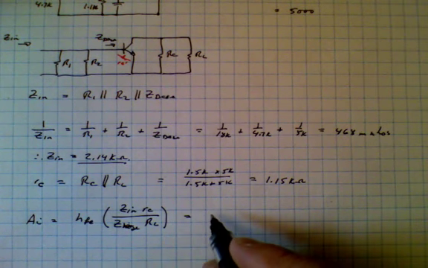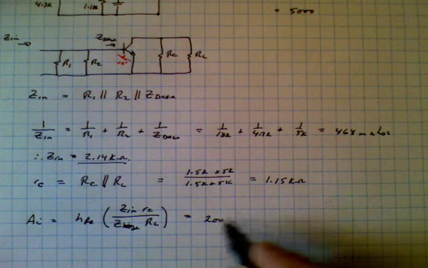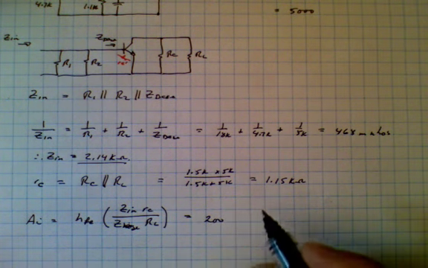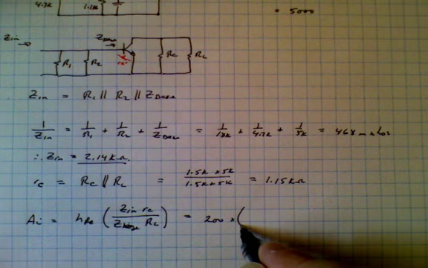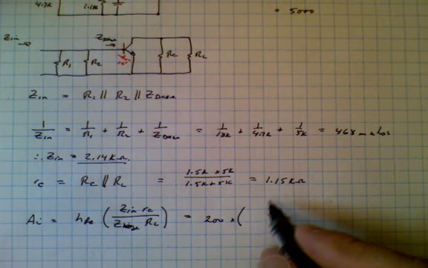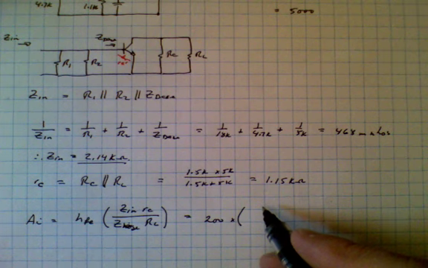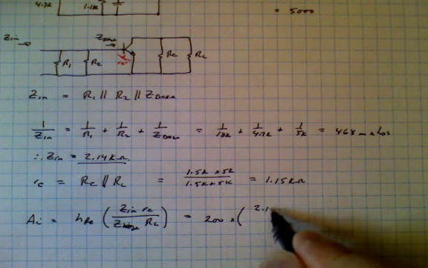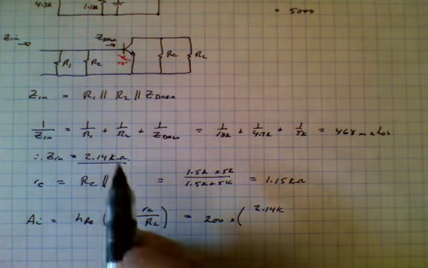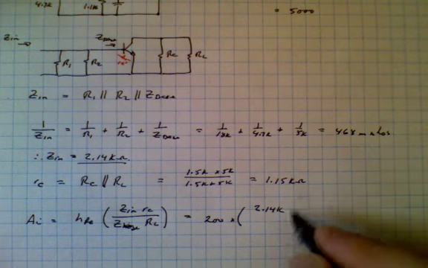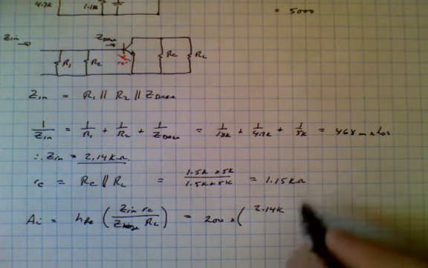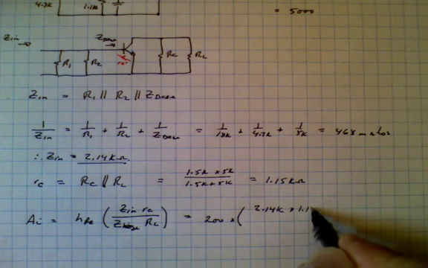So we know all these numbers. This is simply equal to 200. The beta, or the HFE, was given to us as 200, times Zin. We've already calculated what that is. It's 2.14K. It's right here. rc, we've already calculated here, 1.15K.